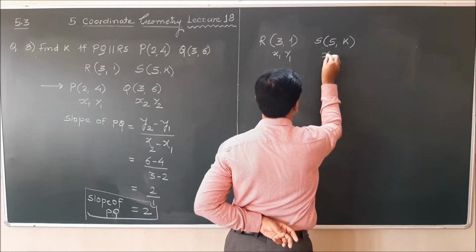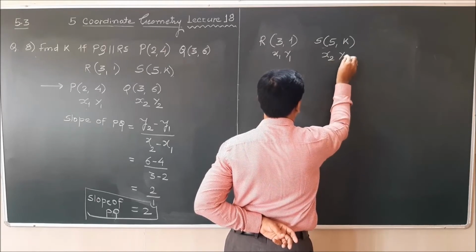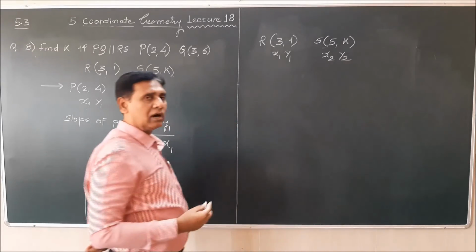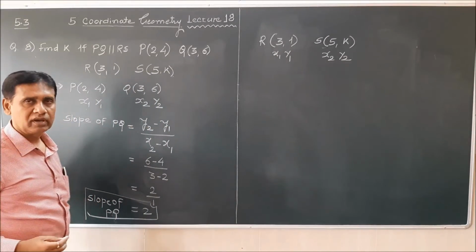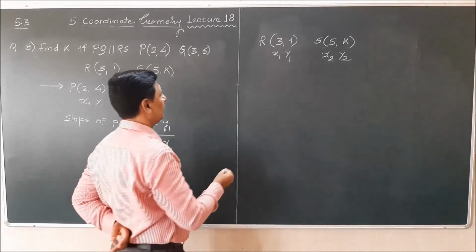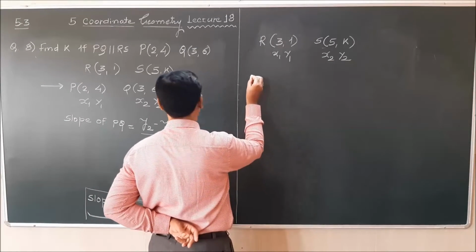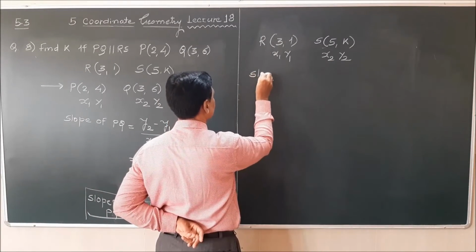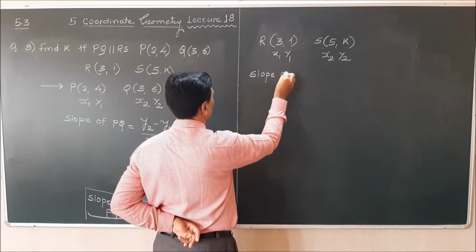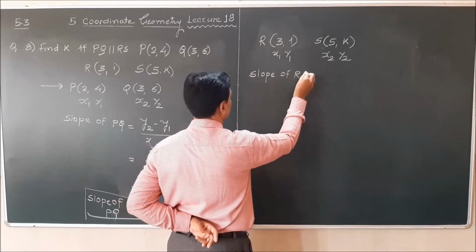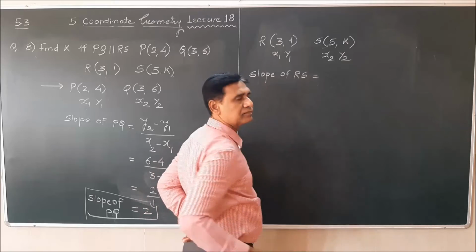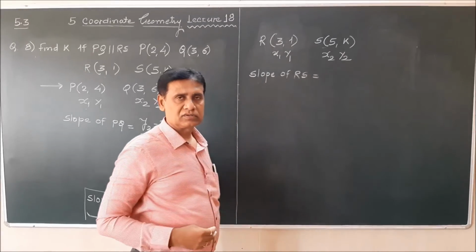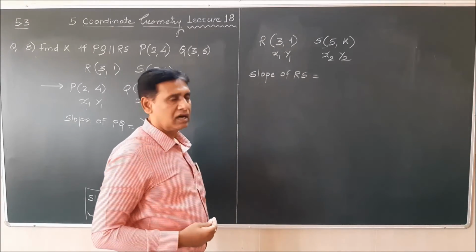I label them as x2, y2. Now I will use slope formula only. So again we find slope of RS.